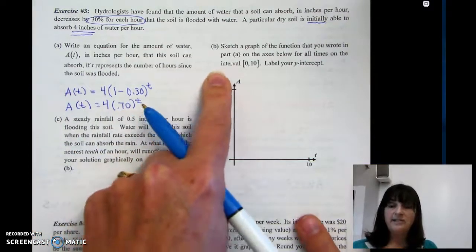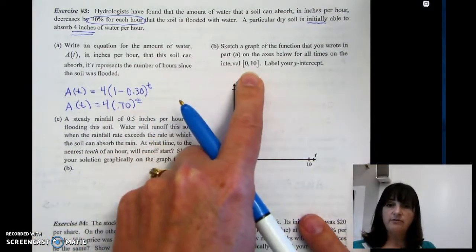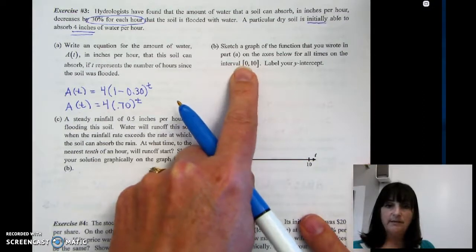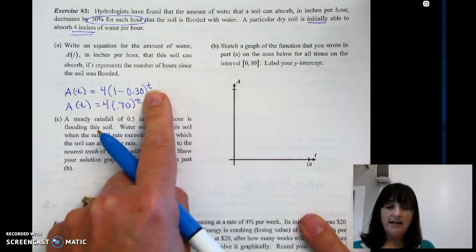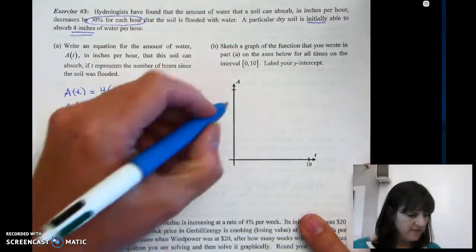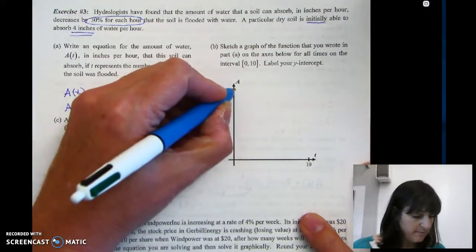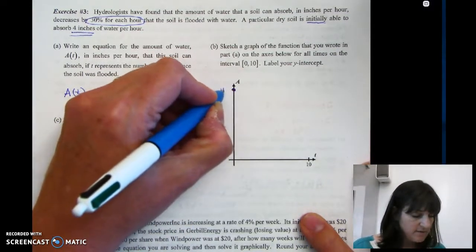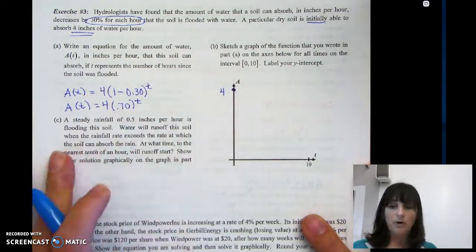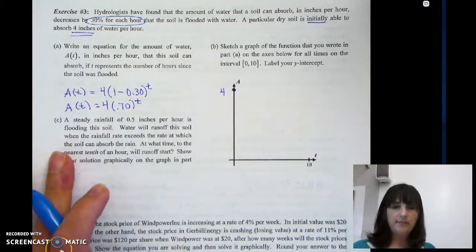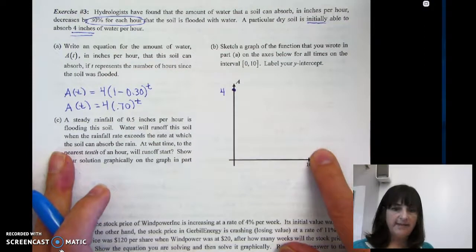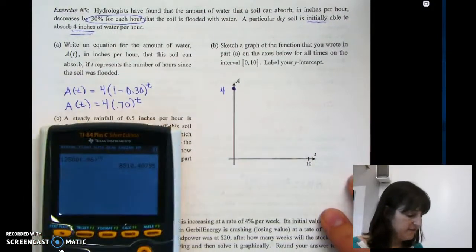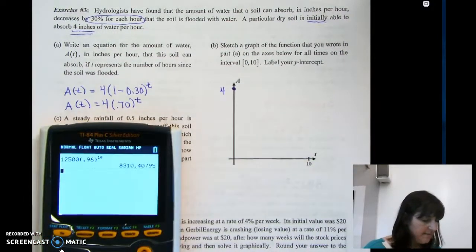All right, so we want to sketch the graph of the function going from 0 to 10. So when time is 0, anything to the 0 power is 1, so we know we're going to have 4. I'm going to put my 4 up here because we're decreasing from 4. All right, and then we wanted to go all the way to 10. So let's grab the calculator again and figure out how much will remain after 10 time intervals.